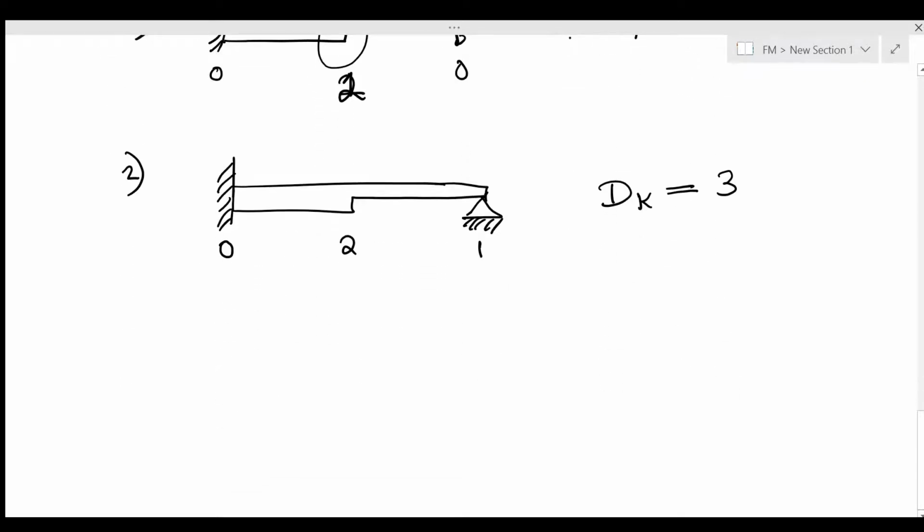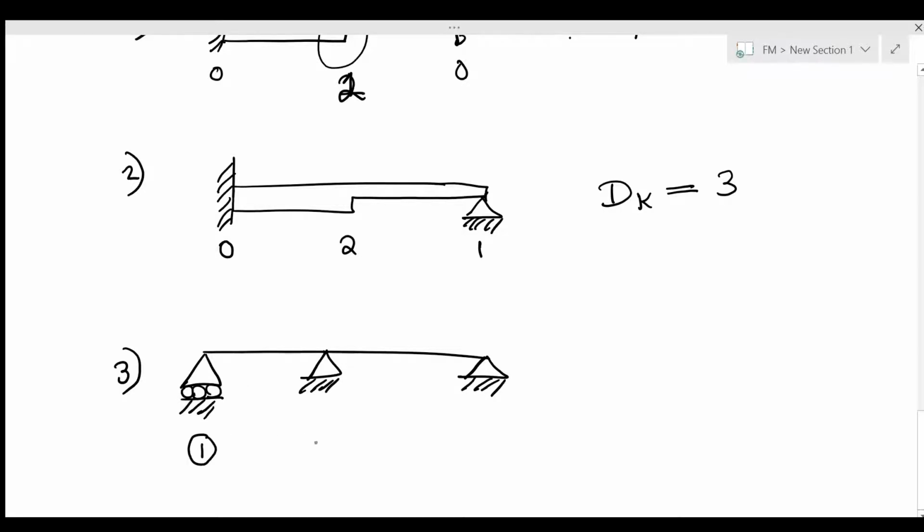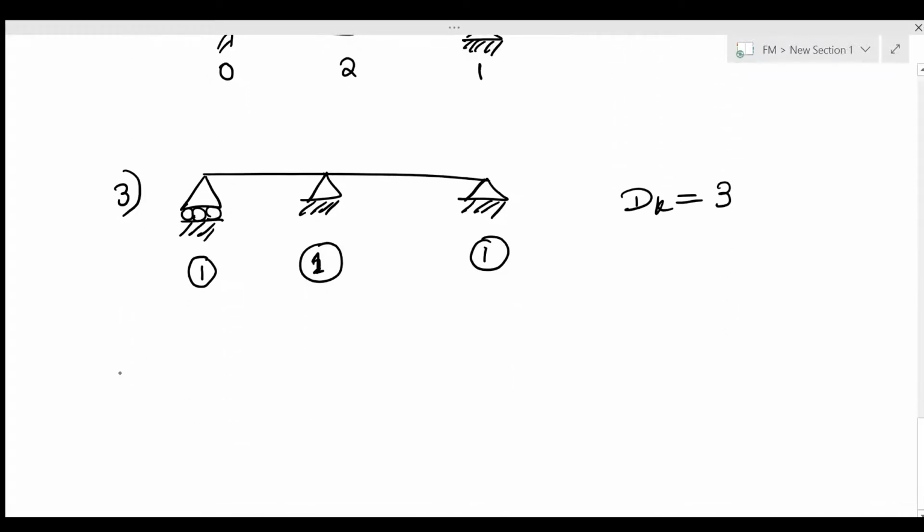Now let us see a little more examples. Here we have 1, 2 and 3. So the total degree of freedom is 1 plus 1 plus 1, which is 3. And fourth we have, so I hope you understand how to calculate degree of freedom. 0, 1, 1.